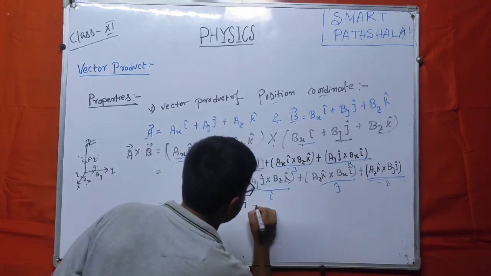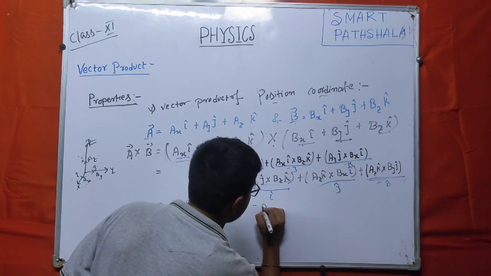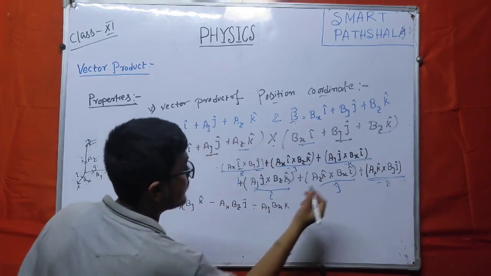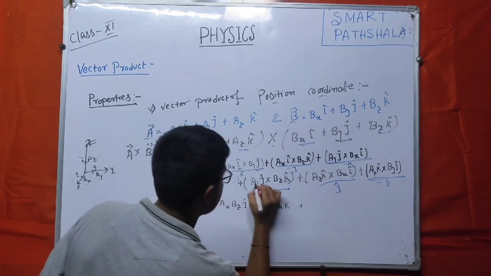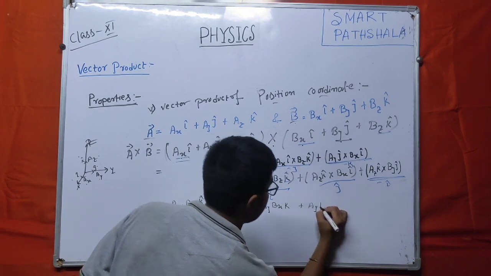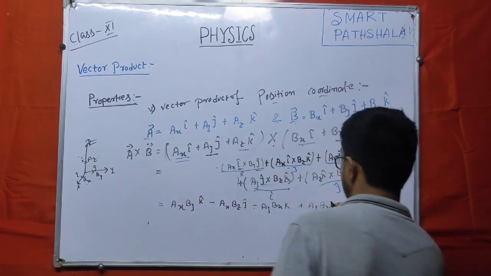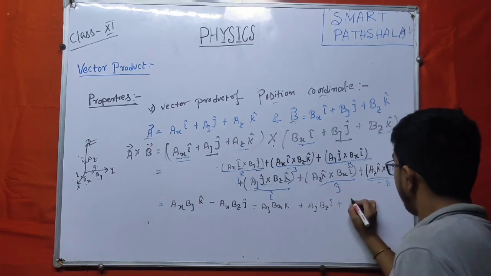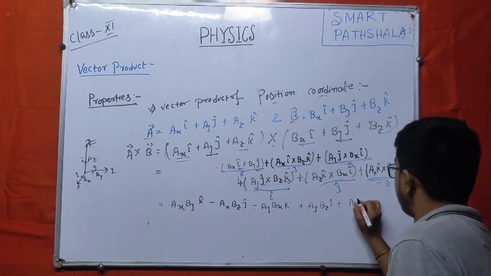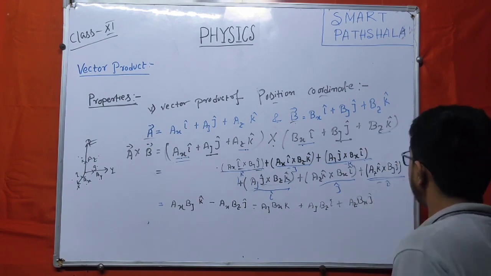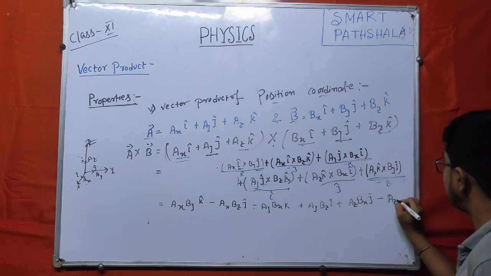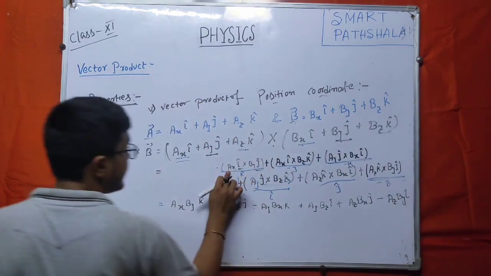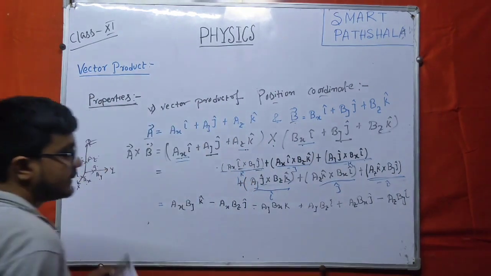Here minus ay bx k, from j cross I, the minus sign already given here. Here plus ay bz j cross k, that is I cap. Again az bx j cap minus az by I cap. From this we can write this line.